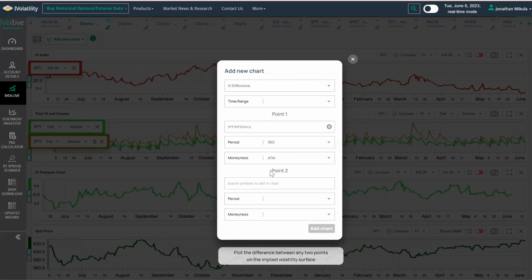It's really up to you, for trader preference. So let's do SPY versus NASDAQ, for 360 days and at the money, and our time range is going to be over the past year, for example.